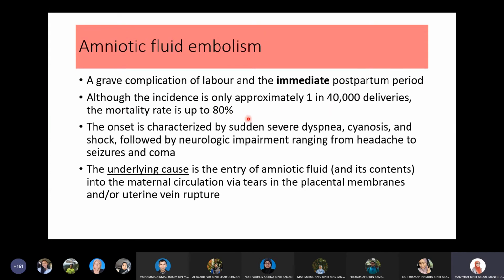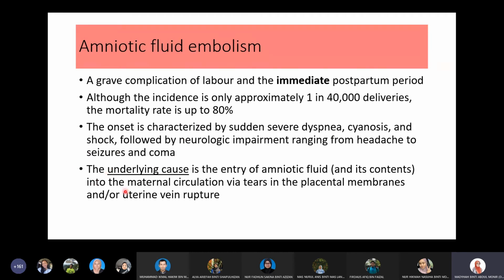So there is an 80% chance of the patient dying. The onset is characterized by sudden severe dyspnea or shortness of breath. The patient develops cyanosis and shock, followed by neurological impairment. Patients can complain of headache, develop seizures, and even develop coma.